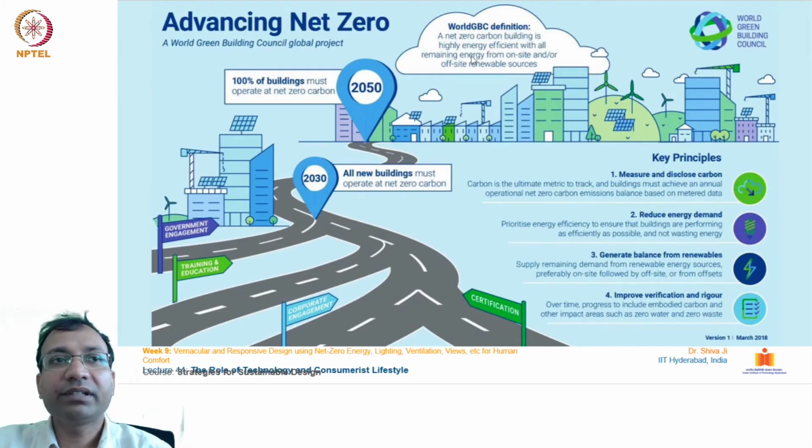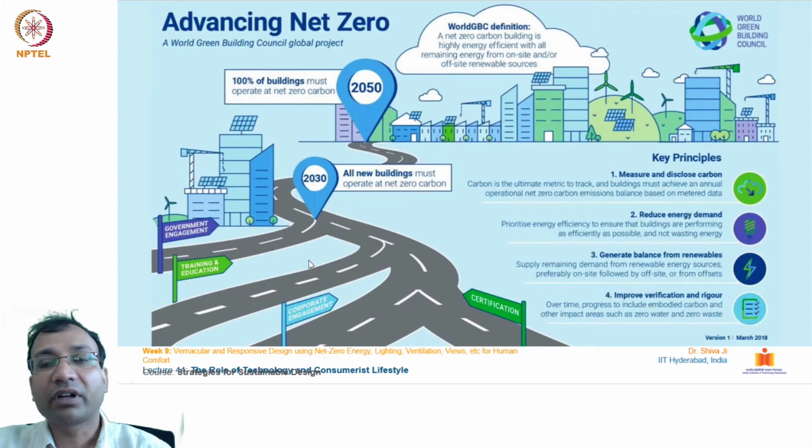So this slide talks about the World GBC. The definition of World GBC is that a net zero carbon building is highly energy efficient, with all remaining energy from on-site or off-site renewable sources. The target is to implement this in the building sector by utilizing four methods: government engagement, training and education, corporate engagement, and certification programs.